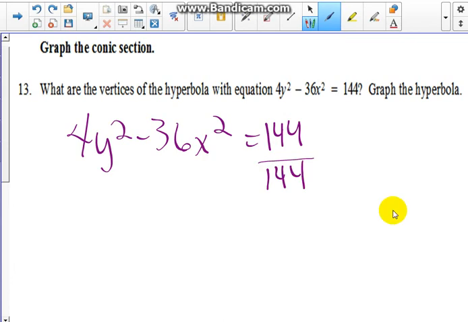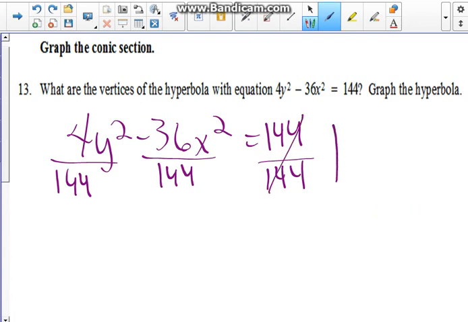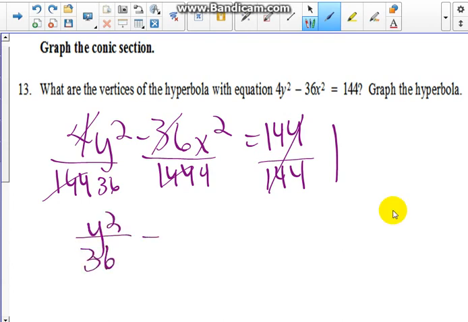We need to divide everything by 144, and you'll see that it will magically work out for us. That goes to 1. 36 goes into 144 4 times, and 4 goes into 144 36 times. So we end up with y squared over 36 minus x squared over 4 equals 1.